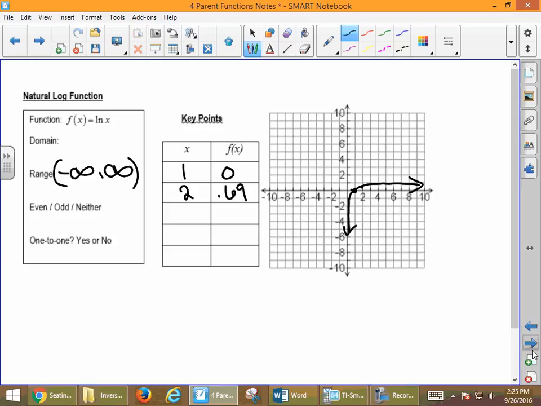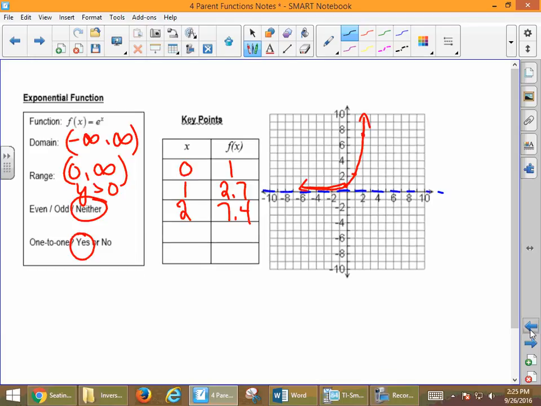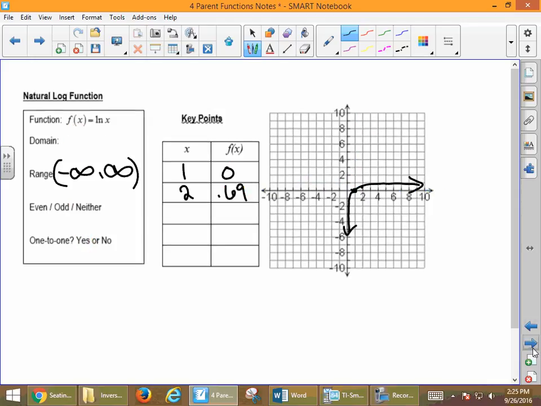If we go back to that function on the top page here, f of x equals e to the x, the range is 0 to infinity. So our domain is going to be 0 to infinity, not including the 0. And this function is neither even nor odd. Is it 1 to 1?